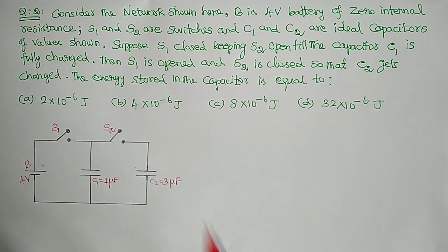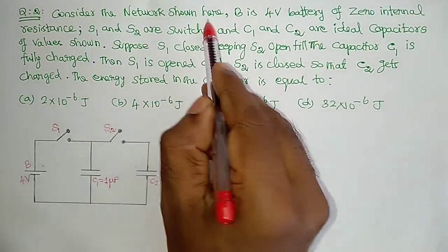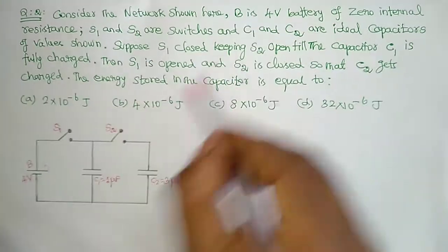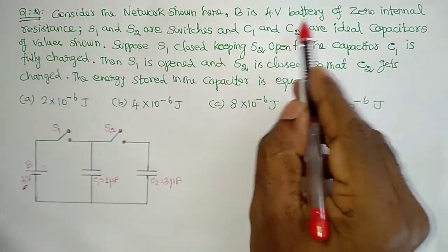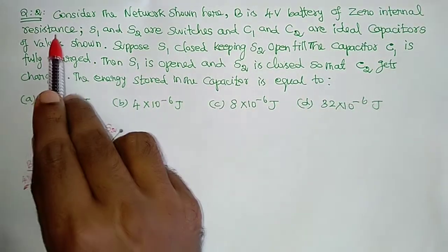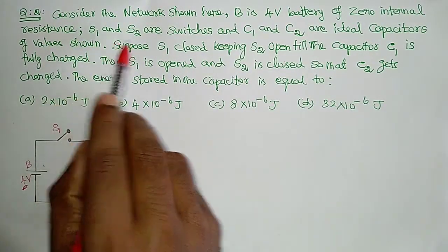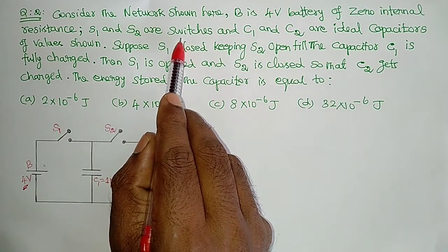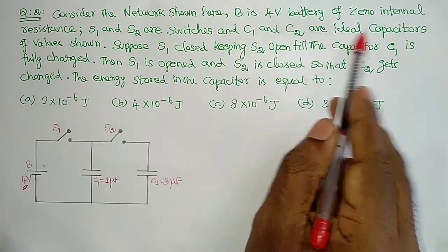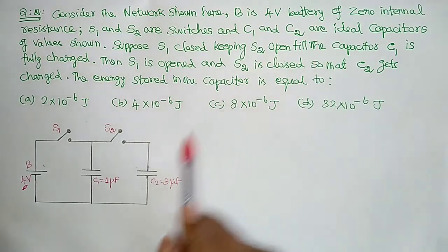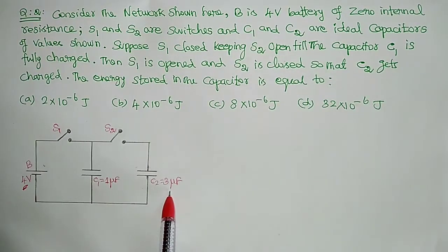Question number 2. Consider the network shown here. B is a 4 volt battery of zero internal resistance. S1 and S2 are switches, and C1 and C2 are ideal capacitors of value 1 microfarad and 3 microfarad.